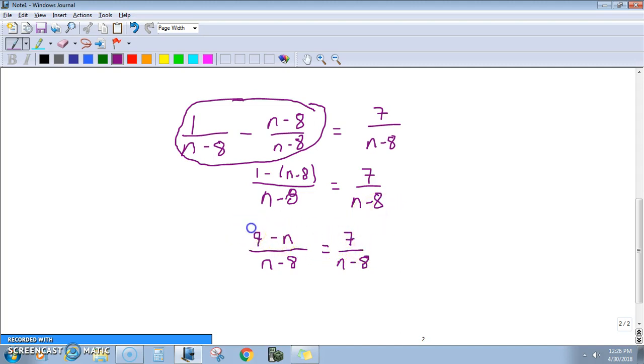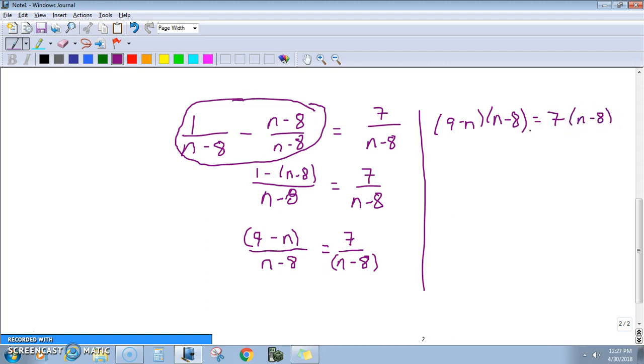So he said 9 minus n times n minus 8, that's going to be one side of my new equation. I'm going to write it up here, you guys. One side is going to be 9 minus n times n minus 8 is equal to 7 times n minus 8. Now this is cool, you guys.